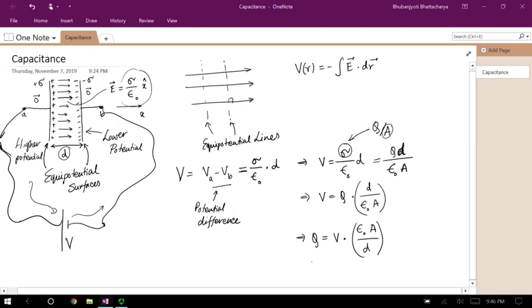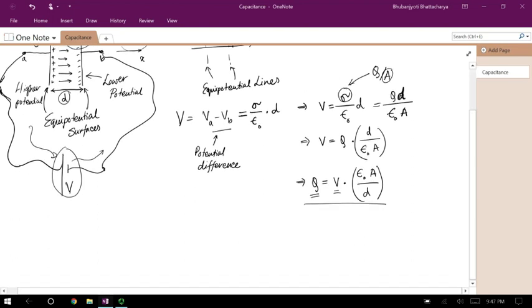So this equation is now telling us that if I put a battery in the circuit, how much charge can this setup hold? If this voltage was 1, then the amount of charge this can hold looks like Q equals epsilon 0 A over D, and that is referred to as the capacitance. How much charge can a circuit component hold if its potential difference has to be raised by 1 unit?